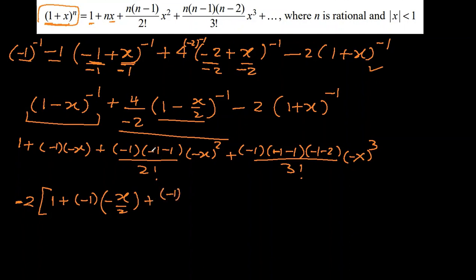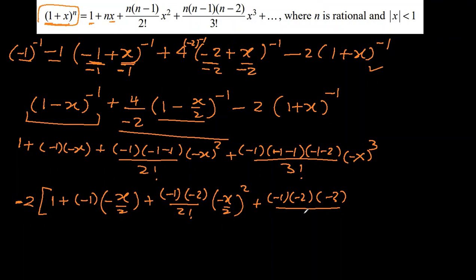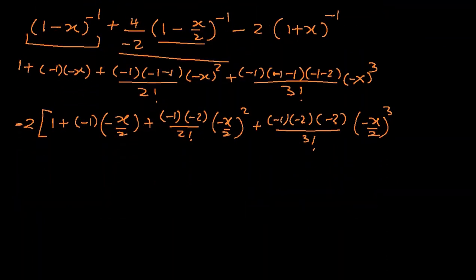Now I'll write a shortcut. (-1)(-2) over 2 factorial and (-x/2) squared, plus (-1)(-2)(-3) over 3 factorial and (-x/2) cubed. By now you might have understood what I'm doing, so let me do the third part, which is this one.